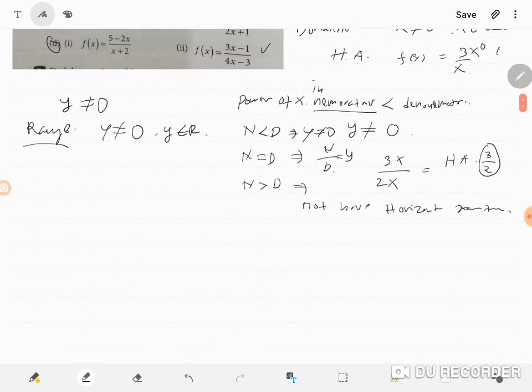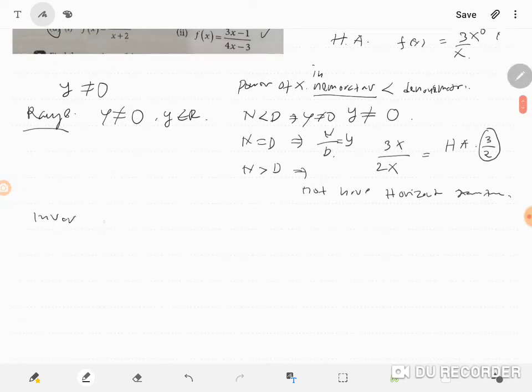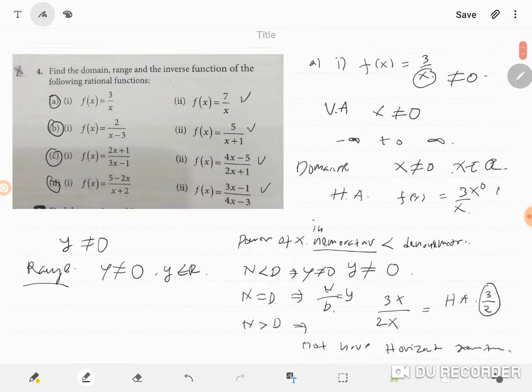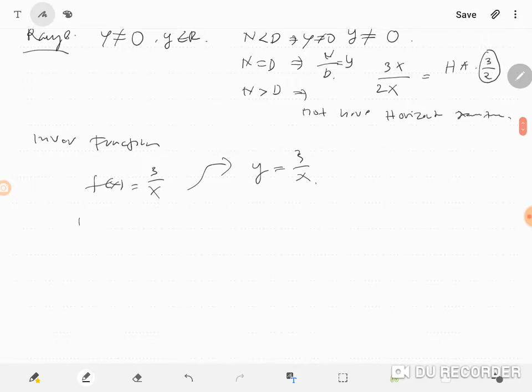And how about the inverse function? If f(x) equals 3 over x, to find the inverse you make y equal to 3 over x, and then make x the subject.